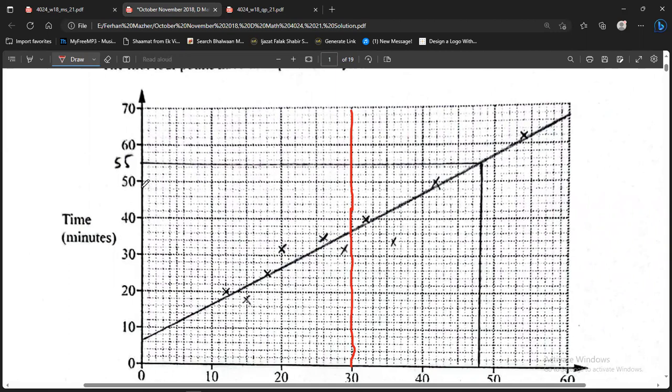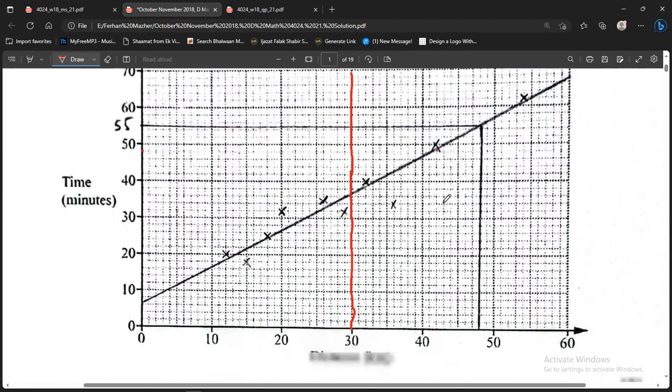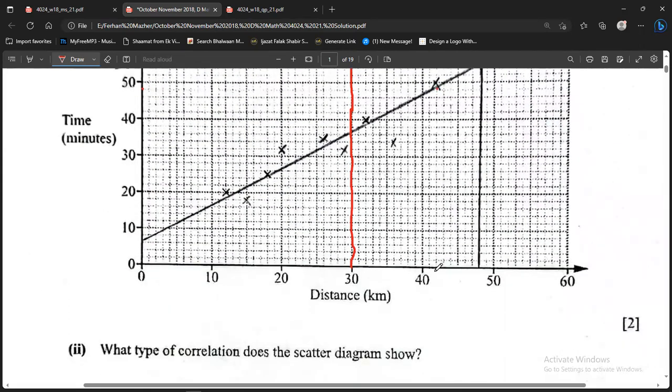So 48 will be here. From here, come to the graph. It will intersect your line of best fit somewhere. I think somewhere here. And check the value. What is that value here? I think this value is 42, 41, something.